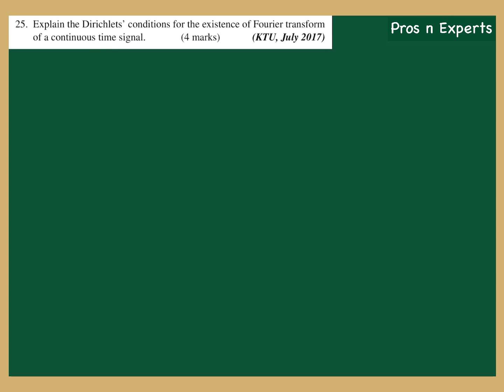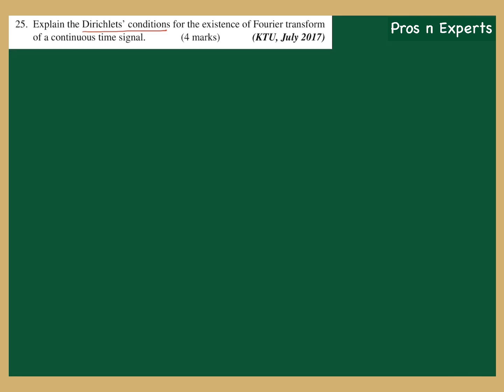Explain the Dirichlet's conditions for the existence of Fourier transform of a continuous time signal. So they are asking the Dirichlet's conditions. There are certain conditions called Dirichlet's conditions. Only if a signal obeys these conditions, then the Fourier transform of that signal exists. Otherwise, the Fourier transform of that signal cannot be obtained.